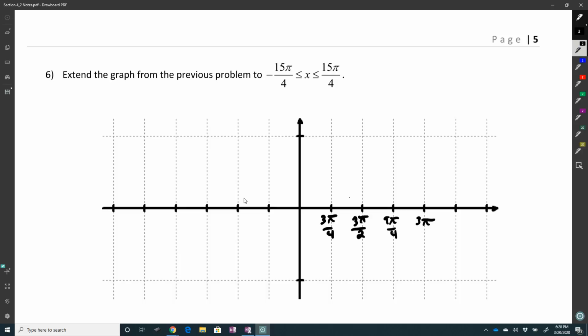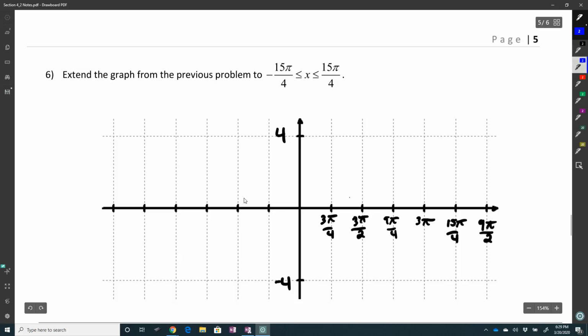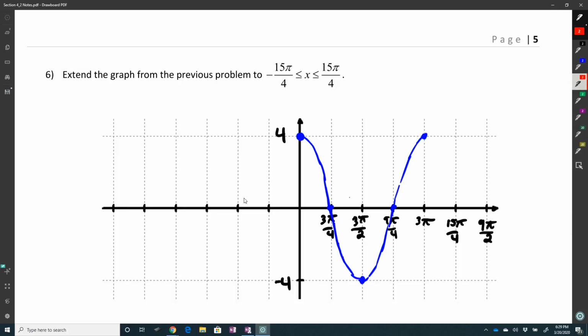The next one would be 13, 14, 15 pi over 4. And then 18 pi over 4, which is 9 pi over 2. This was negative 4 and 4. So the original graph that I had was this picture, the same exact one that I graphed on the previous page. It looks skinnier because it's less of the screen. And all I got to do now is just extend it. So we just continue the pattern.